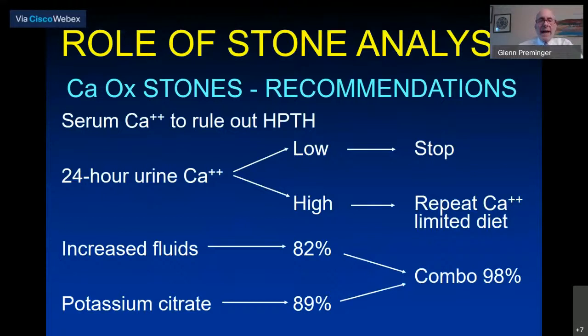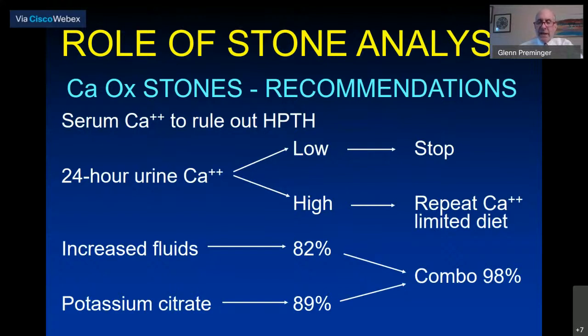So if we look at the role of stone analysis and whether we can use it to predict the underlying metabolic problems in our stone formers, we could recommend that if the stone composition comes back calcium oxalate, we could perform a urine or a serum calcium study to rule out hyperparathyroidism, and do a 24-hour urine calcium in these individuals, trying to differentiate between absorptive hypercalciuria type 1 or type 2.